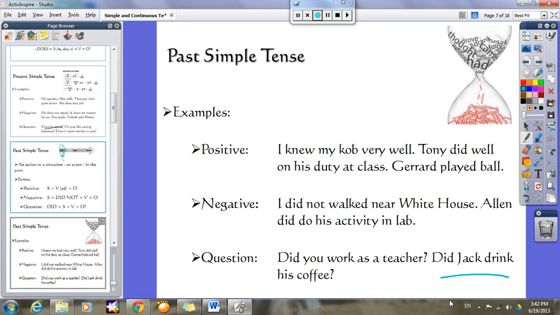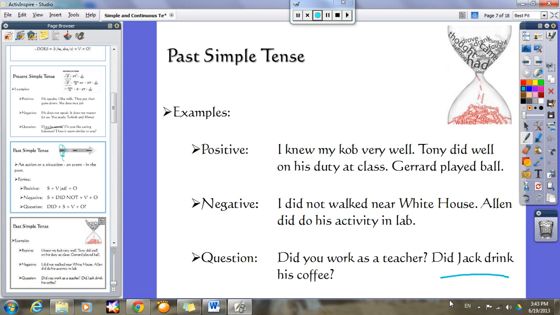Moreover, we can also use the simple past to list a series of completed actions in the past. These actions happen like first, second, third, and so on. For instance, I finished work, walked to the beach, and found a nice place to swim. Here are the three things that I did.